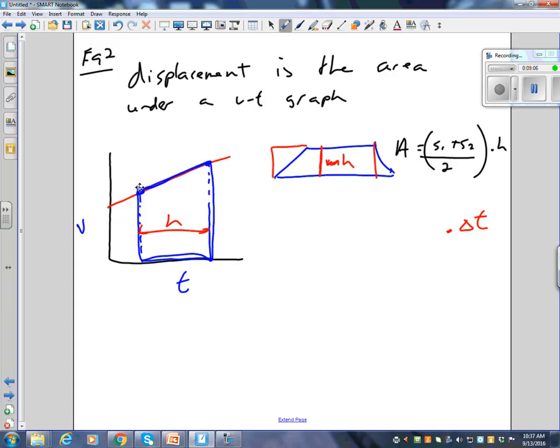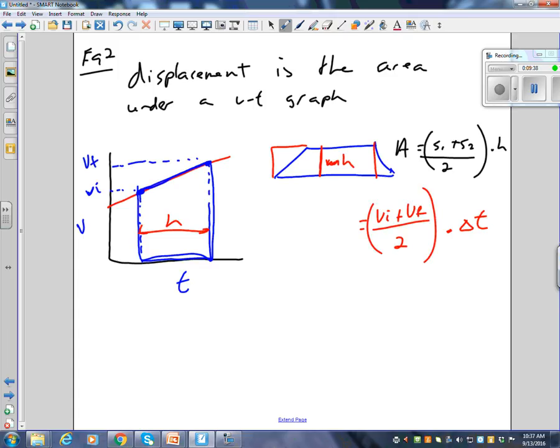Now, because it's a velocity-time graph, this one here is really the initial velocity for this interval, and this one here is really the final velocity, Vi and Vf. It's important you're listening, right? Vi and Vf. So we're going to find the average of those. So that's going to be Vi plus Vf all over 2.